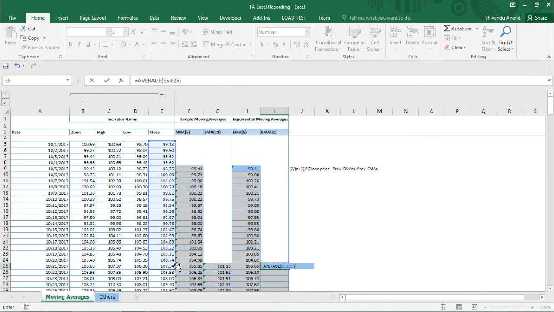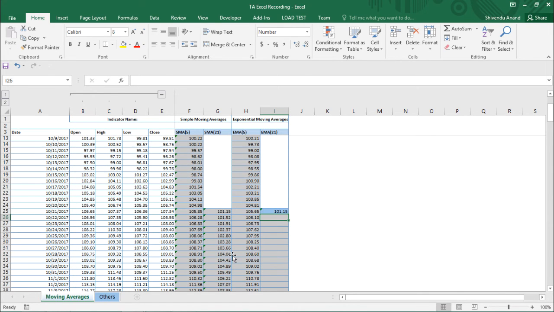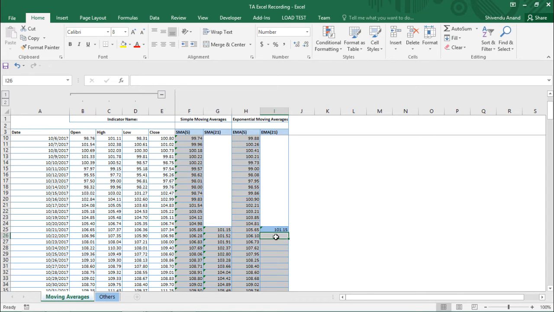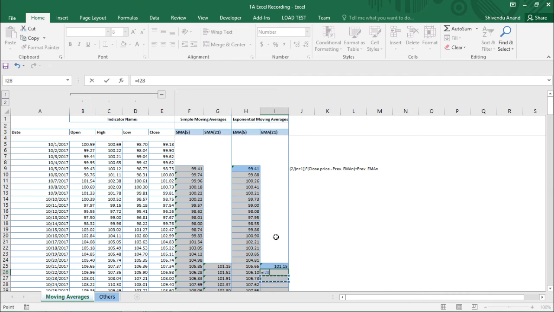And then we close the bracket, and what we get as 101.15 is your 21 days EMA. Now next formula that we'll be using will be your proper formula for your EMA, that is 2 divided by n plus 1, bracket open, close price minus previous EMA, bracket close, plus previous EMA, which we saw here. Right, so let's do it.